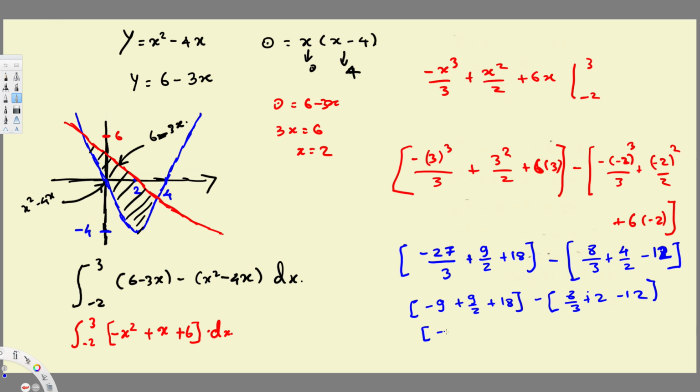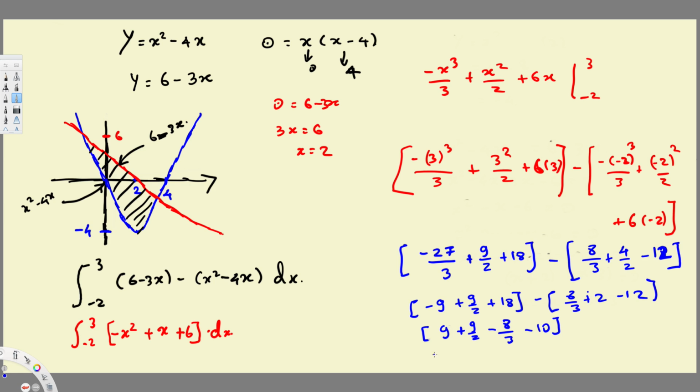So this is going to be minus 9. I can just simply add them right here. So minus 9 plus 18 is going to be plus 9. Plus 9 by 2 minus 8 by 3. And then we have 2 minus 12, that's going to be minus 10. Then minus 10 plus 9 is going to be minus 1, right?